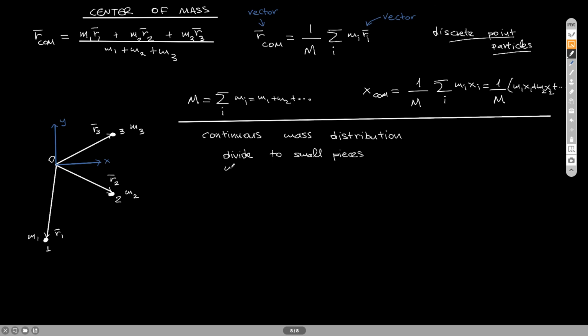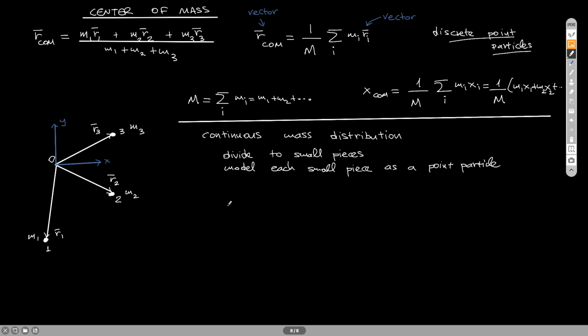And then I will model each one of those small pieces as a point particle, and then I will use the same process that I used before.